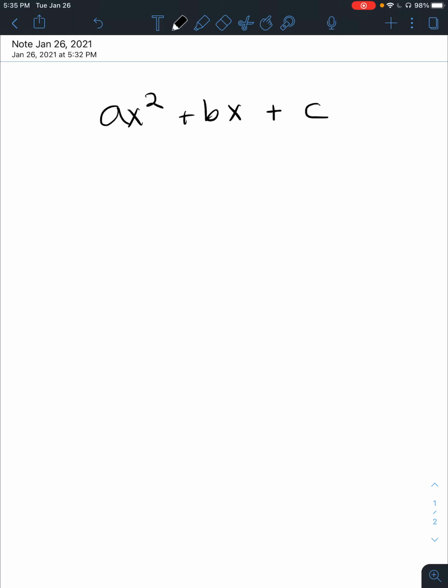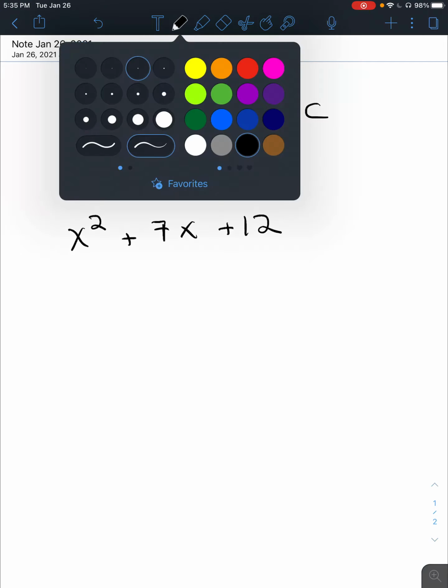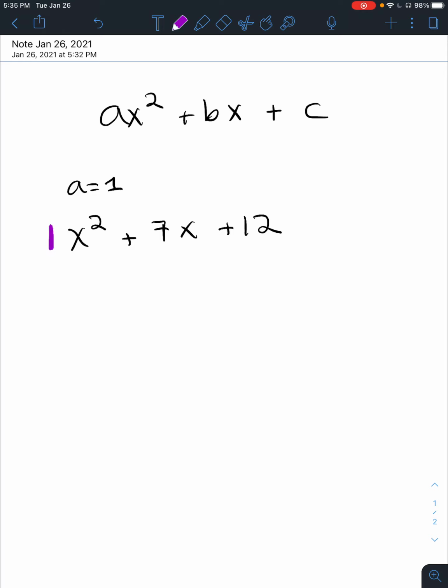So first of all, we have our standard x squared plus 7x plus 12. When we do this problem, the a value equals 1. What I mean by a value is the one in front over here. So this is 1.